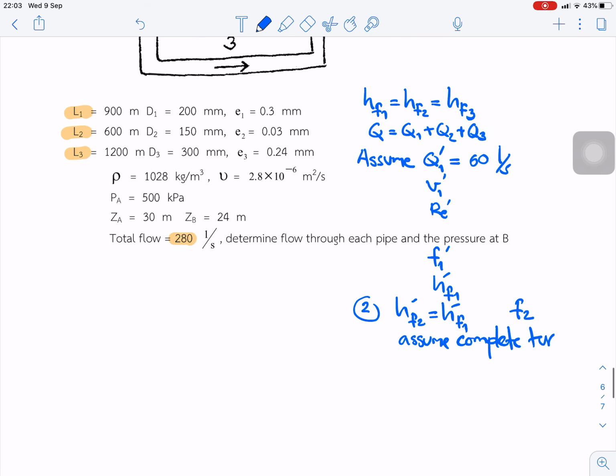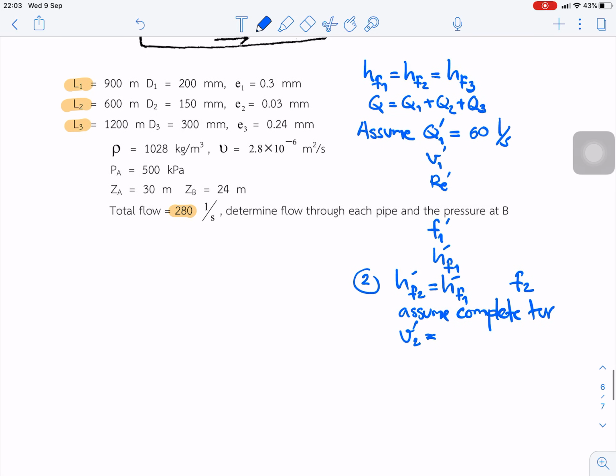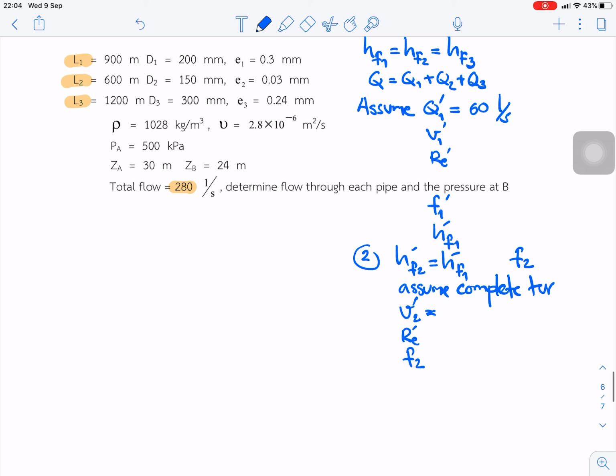Once we know f2, we can estimate V2 prime. Finally, after we know the Q, we can check again. We can check the Reynolds number and check the f2 again, whether it's equal to complete turbulence or not. We can adjust the f.